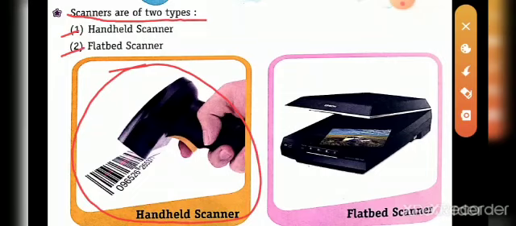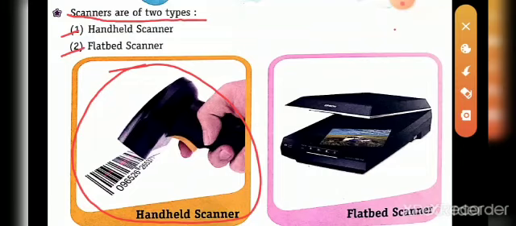A scanner that is moved by hand over the material being captured. Handheld scanners are also less expensive than their desktop counterparts, but partially rely on the user's dexterity to move the unit across the paper.